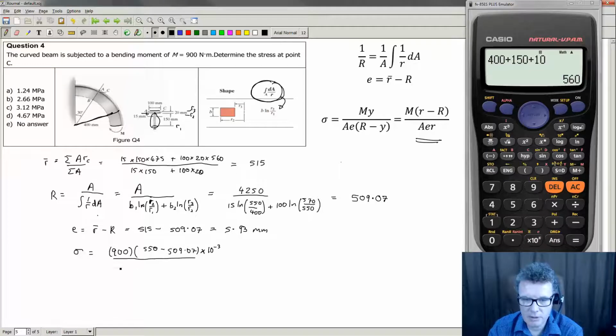The area, so that's going to be 450 times 10 to the minus 6. 5.93 times 10 to the minus 3.